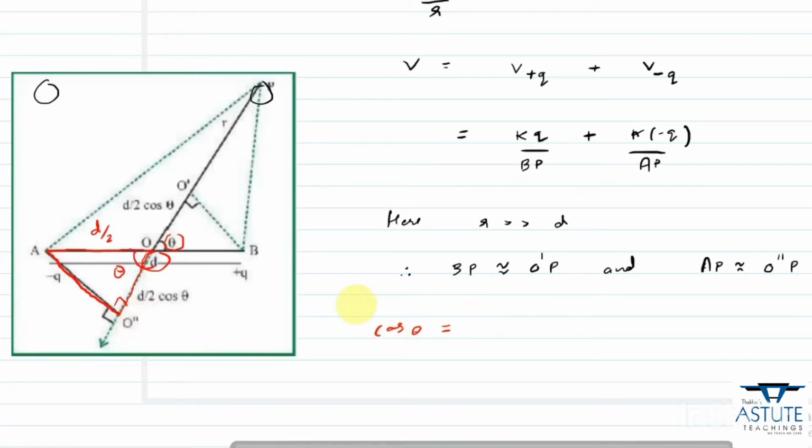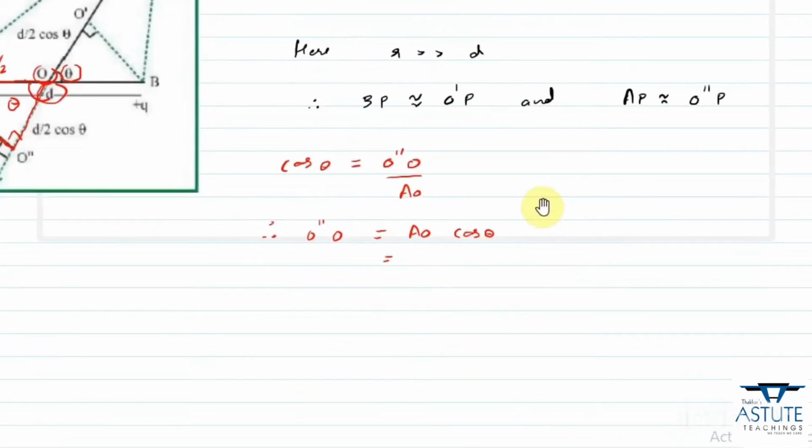The adjacent side here is O double dash O, and the hypotenuse is d by 2, that is AO. Hence the value of O double dash O will be equal to AO cos theta. You can substitute the value of AO as d by 2 in this step. So O double dash O will become d by 2 cos theta.